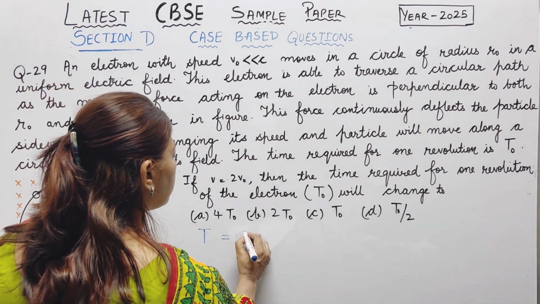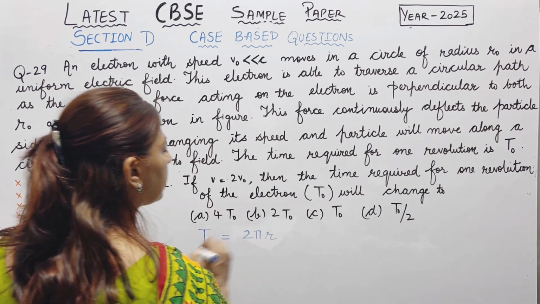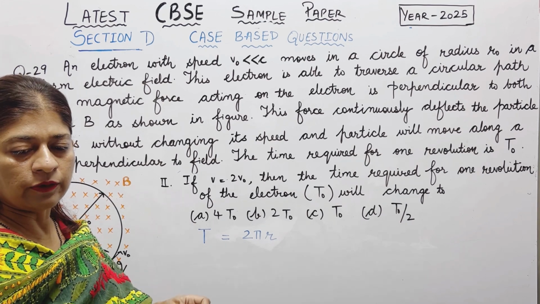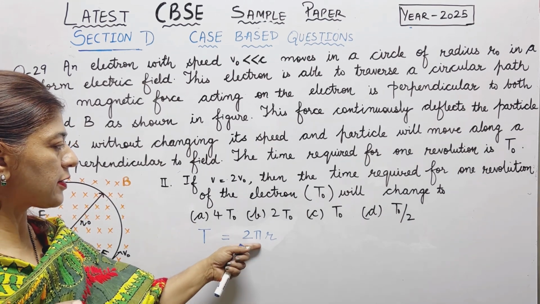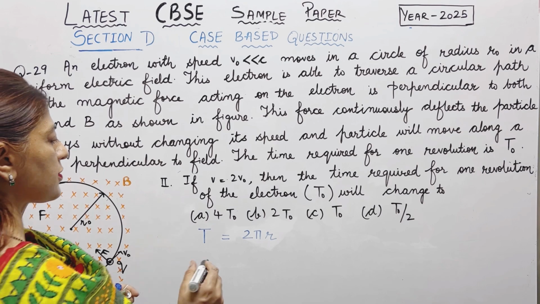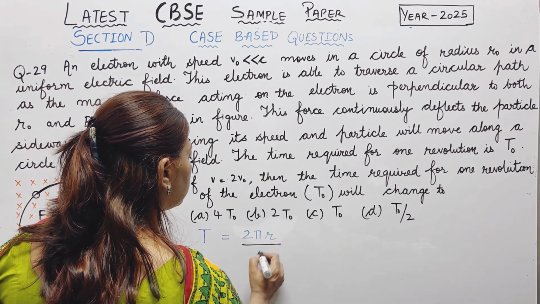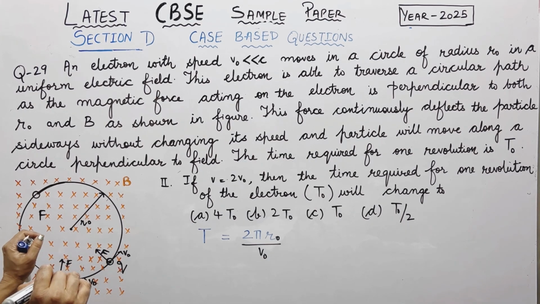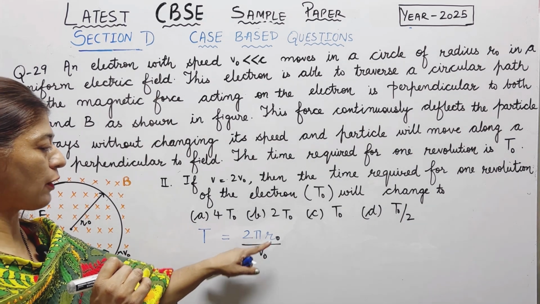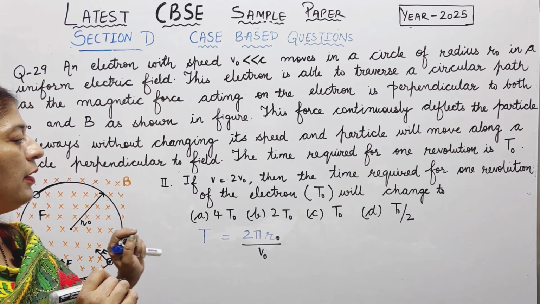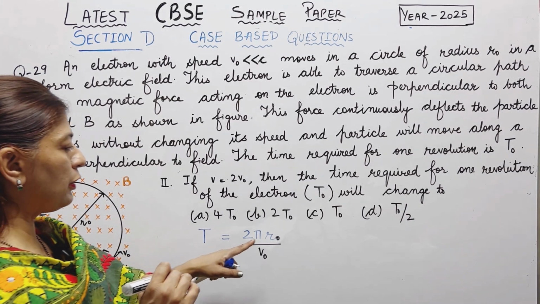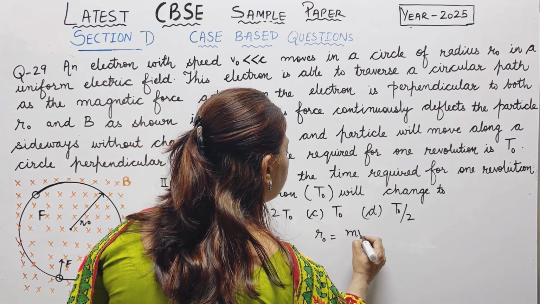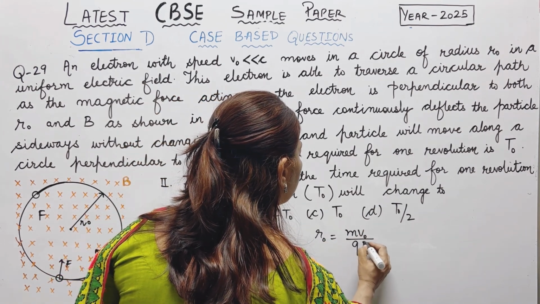So the circumference is the total length that it has followed, that is 2 pi r, divided by the velocity. So v naught is the velocity and r naught is the radius that it is going to traverse. So T is equal to 2 pi r naught by v naught is the formula for the time period. Now we know r naught is equal to mv naught upon qB.